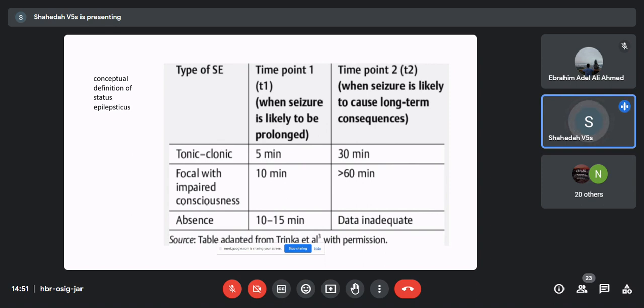You start the first line treatment, like benzodiazepines such as midazolam or diazepam, and then epilim, phenytoin and keppra. Time two, 30 minutes, means there are already long-term consequences, like brain damage. So for generalized tonic-clonic, the definition of status is 5 minutes, and for focal with impaired consciousness it is 10 minutes, and absence is 10.